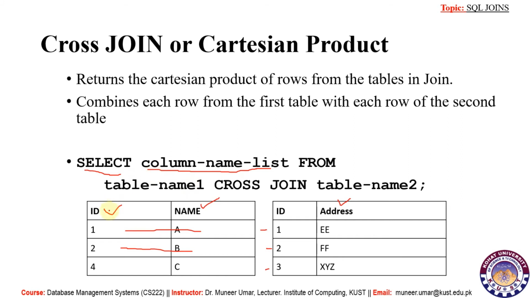So you can type ID, name and address, from table 1 cross join table 2. This is the important thing, that you must type cross join between the two tables in this select query. So we will practice this in Workbench now.